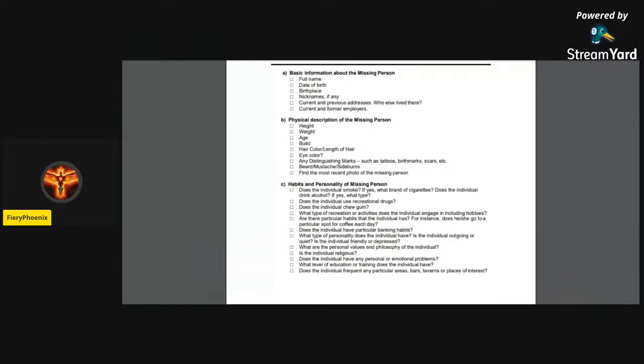You could see if that person went into the bank that day before, and maybe they could have video camera footage. What type of personality does the individual have? Is the individual outgoing or quiet?